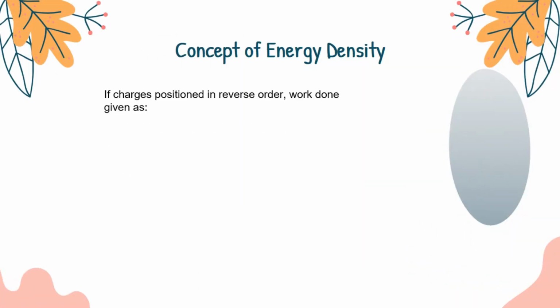Now, let's see if the charges are positioned in reverse order. The work done on Q3 to be moved to R3 is given as 0. Next, when Q2 is moved into the system at point R2, the work done is given as Q2 V23.